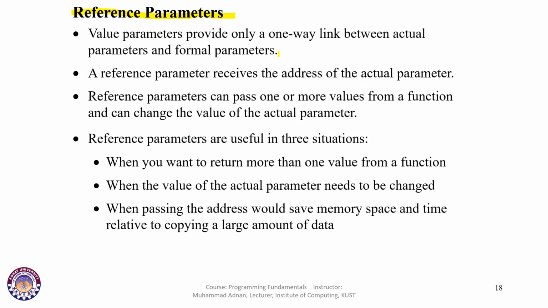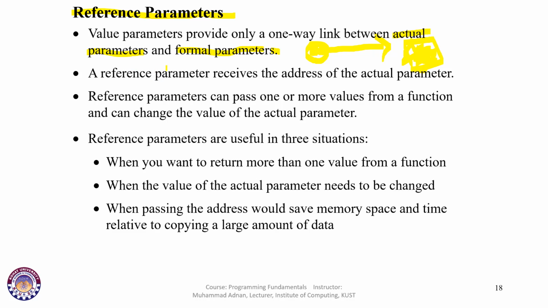You know that you pass some data, so these are called actual parameters, and this data will be caught by some variables, so they are called formal parameters. That is what we discussed earlier, and that is the difference between actual and formal parameters.